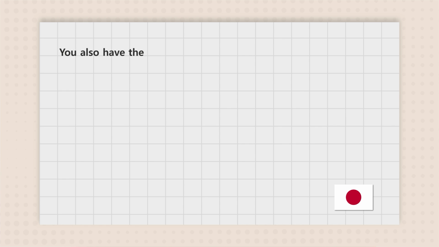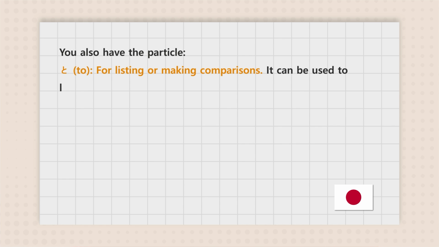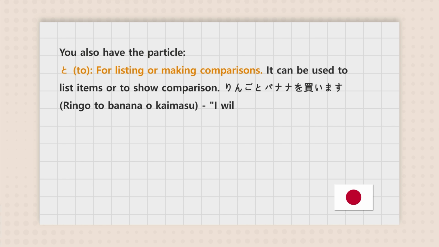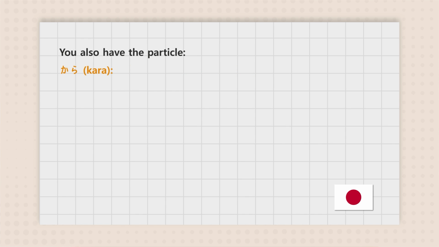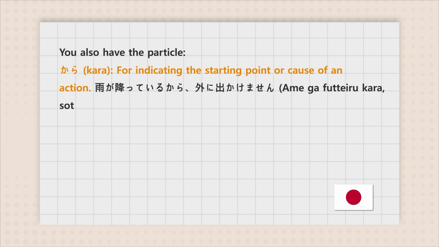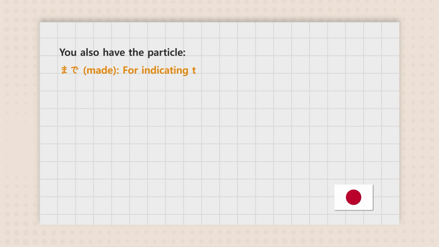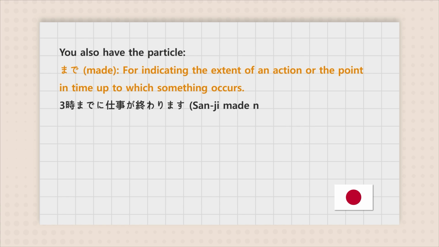You also have the particle for listing or making comparisons, for indicating the starting point or cause of an action, and for indicating the extent of an action or the point in time up to which something occurs.